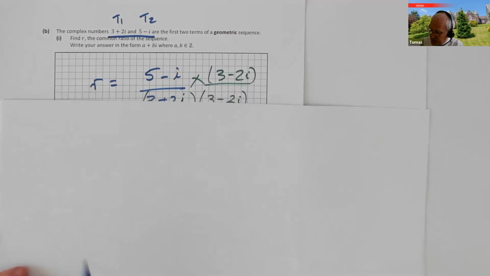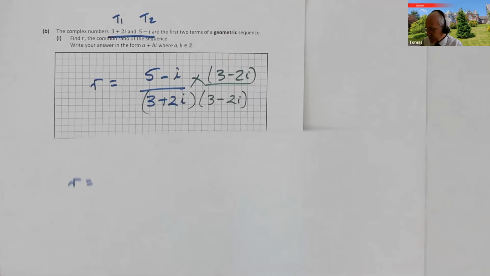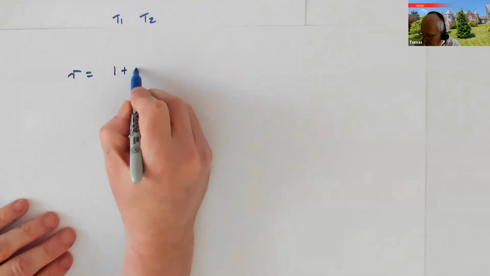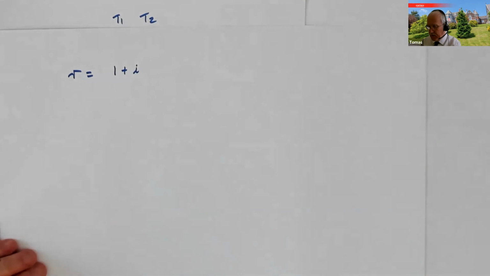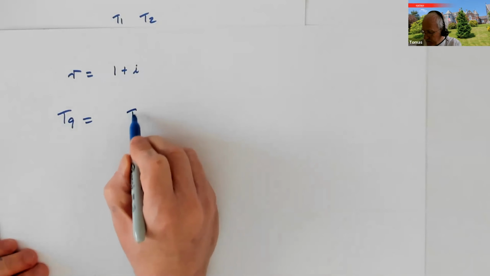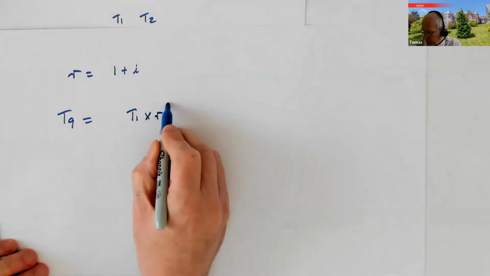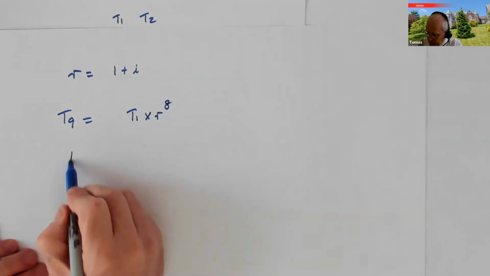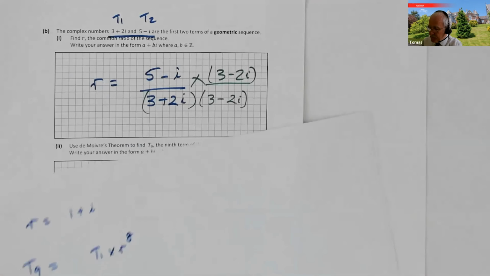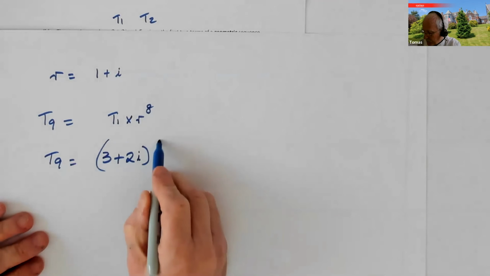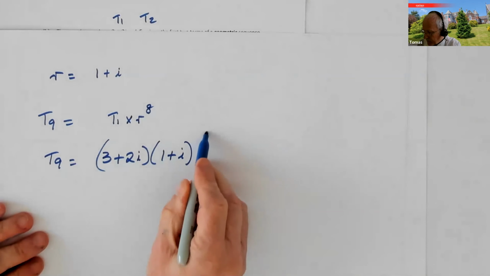So let's imagine that you found r is equal to something. Let's say it's 1 plus i or something like that. But you want T9. T9 is equal to T1 by r to the power of 8. So you want T9 is equal to the original number, 3 plus 2i, by 1 plus i to the power of 8.